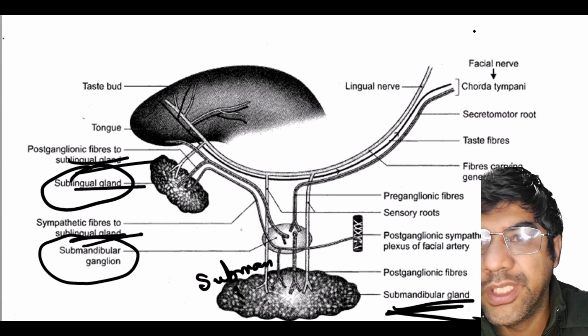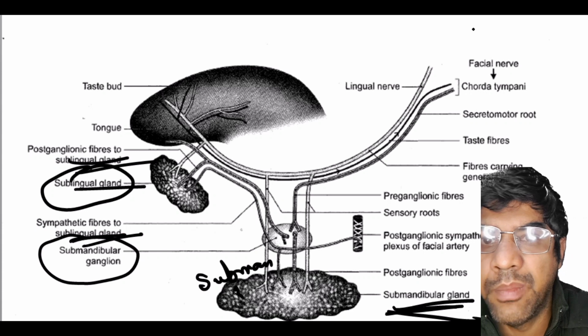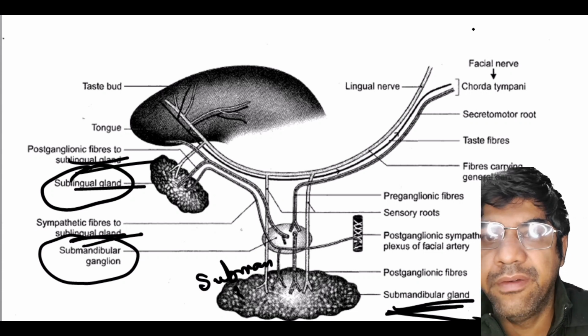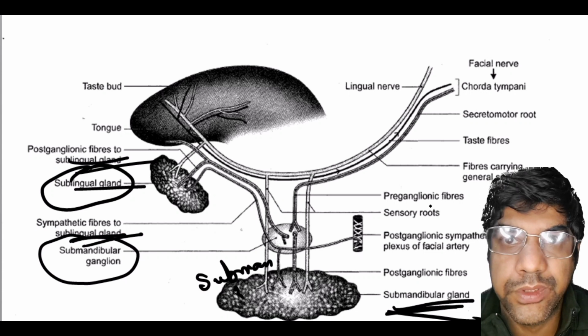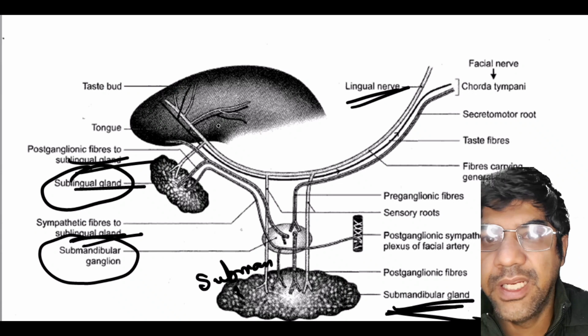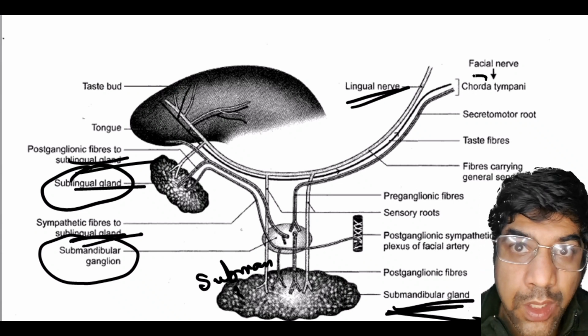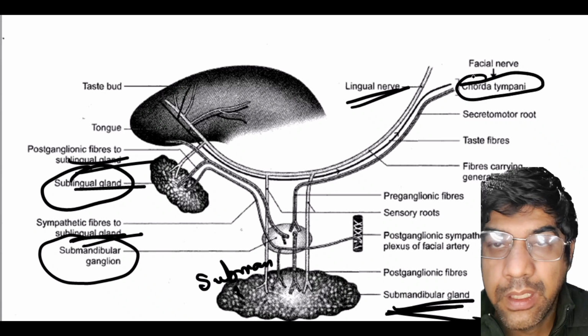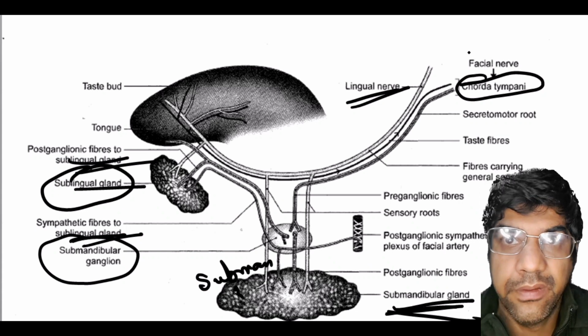So it is positioned on the hyoglossus muscle above the deep part of the submandibular salivary gland, suspended from the lingual nerve by two roots. So functionally it is connected to the chorda tympani, which is a branch of the facial nerve.